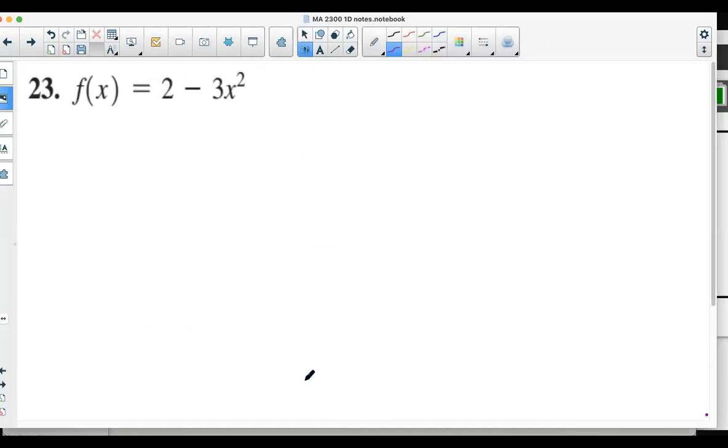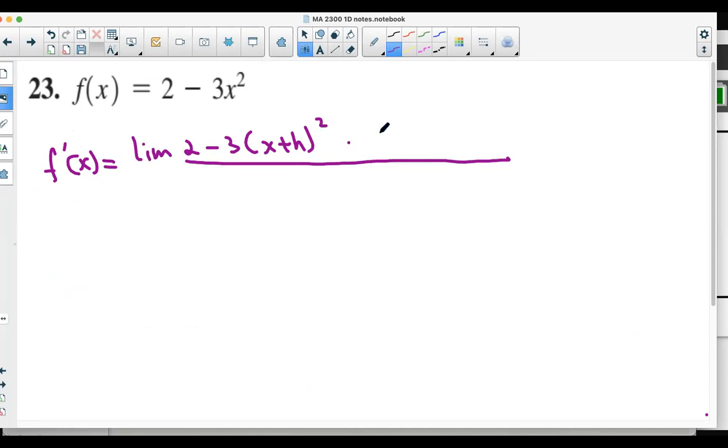So how do you find the f prime using the limit definition? It's the limit of 2 minus 3, and in place of x, we're going to place x plus h, squared, minus the original function as it is, 2 minus 3x squared, over h as h approaches 0.